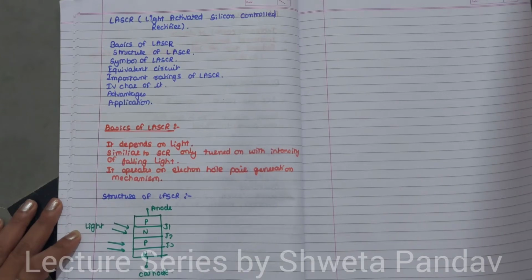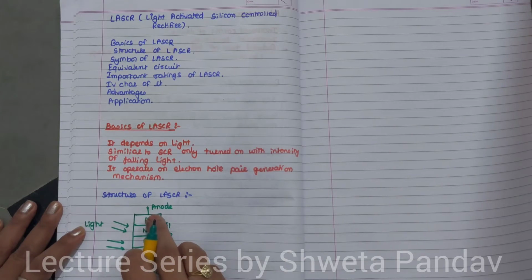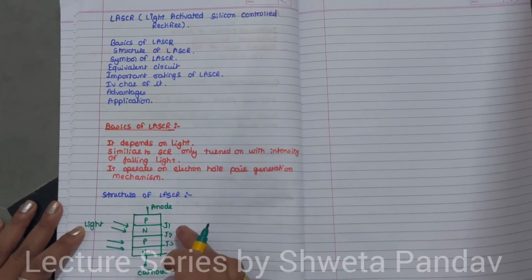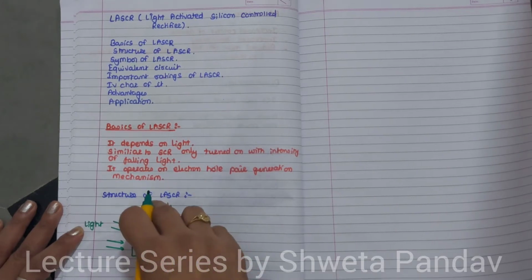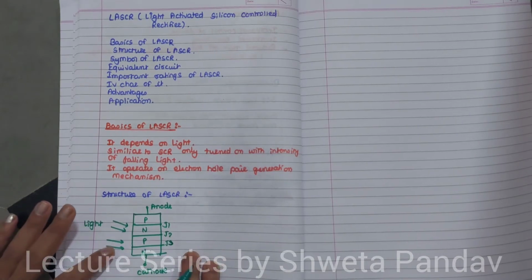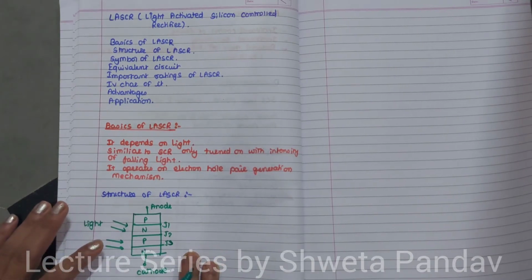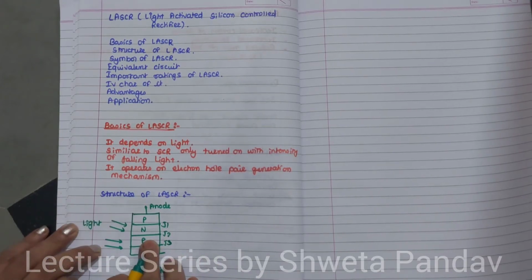It has four layers, PNPN. It has three junctions, J1, J2 and J3. It has two terminals, anode and cathode. The only difference is that it does not have a gate terminal, and this device is turned on with the help of the intensity of light falling on it.